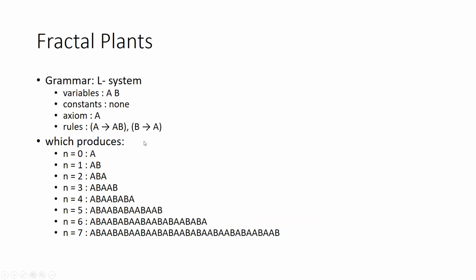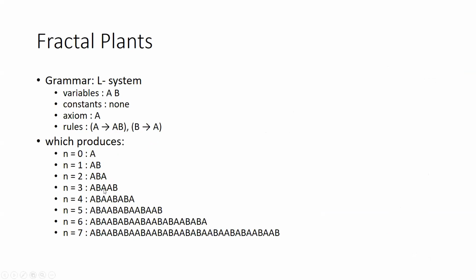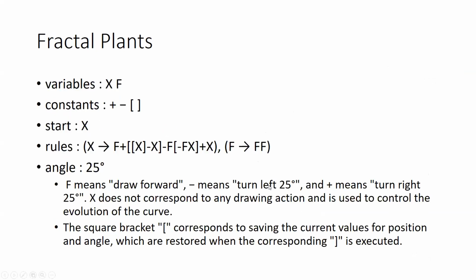You can use it for plants also, in which you can use grammar. I think this grammar is something you learn in a compiler course, where you have some rules. For example, I can change A to AB and B to A, and if I have that, I can generate a lot of strings like that. Following the grammar, you can have different types of plants.